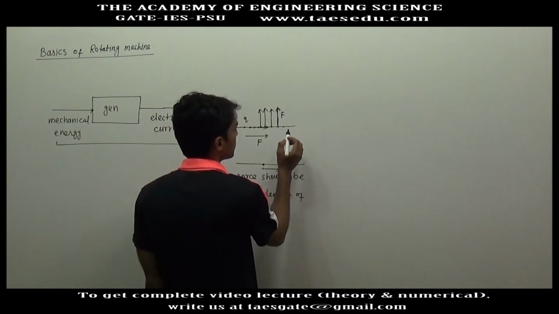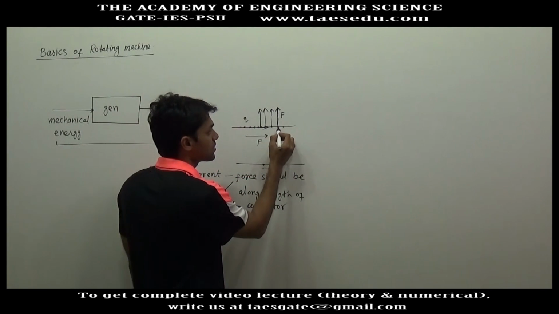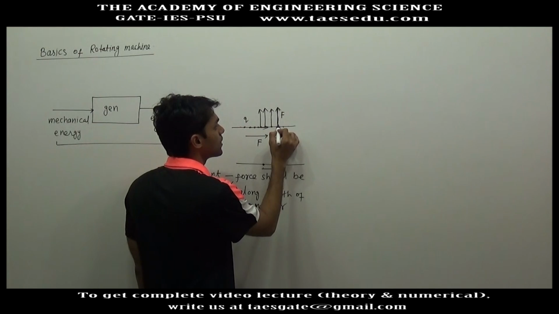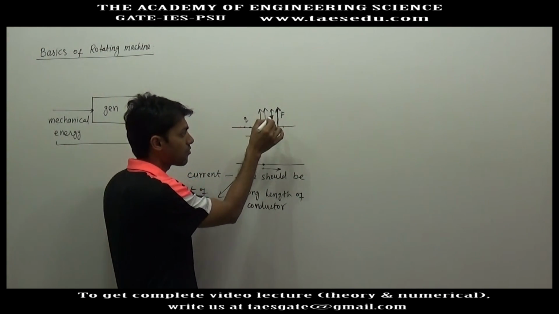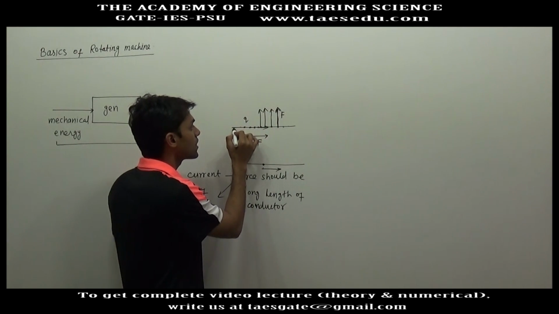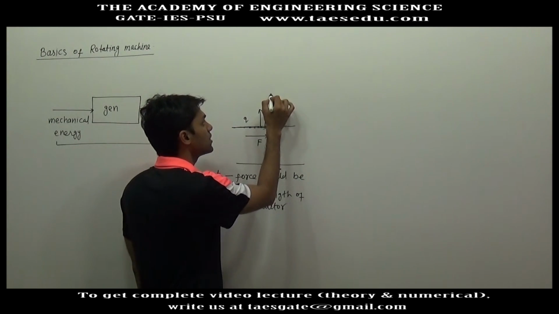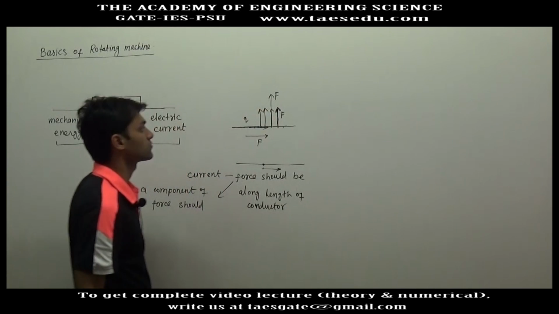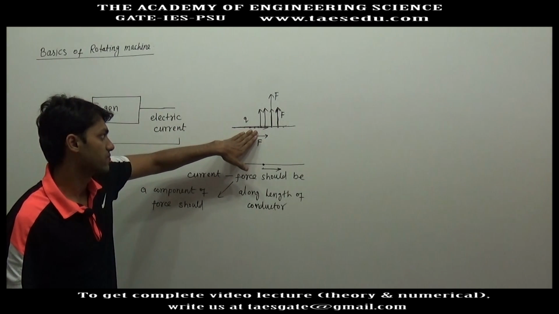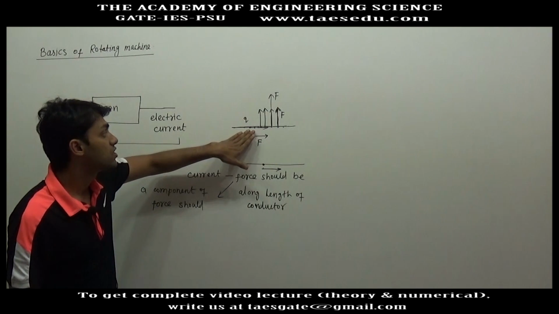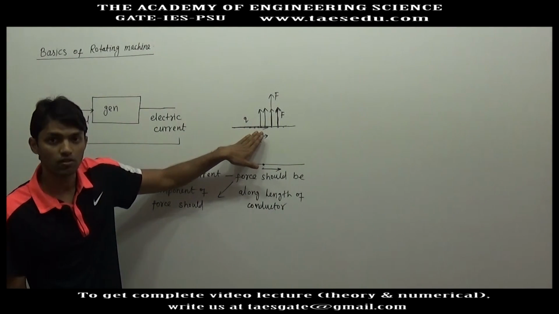If you apply force on charge perpendicular to its length, charges will not come out of the conductor. Instead, the whole conductor will feel a net force in upward direction. So in this case, motoring action will take place. Charges will not move. Instead, you will have a mechanical force on the conductor.